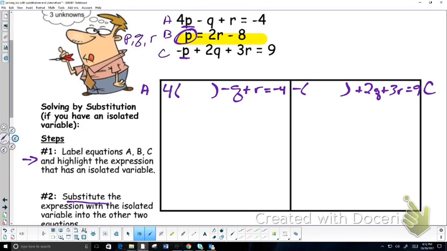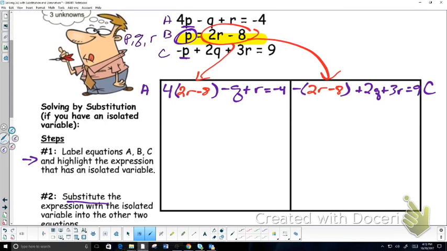Okay, based on those 2, now I'm supposed to substitute this into each of these equations. So that means I have 2r minus 8 in both. What I'd like for you to notice about each one of these new equations is we've now made the p go away. We only have r's and q's left.